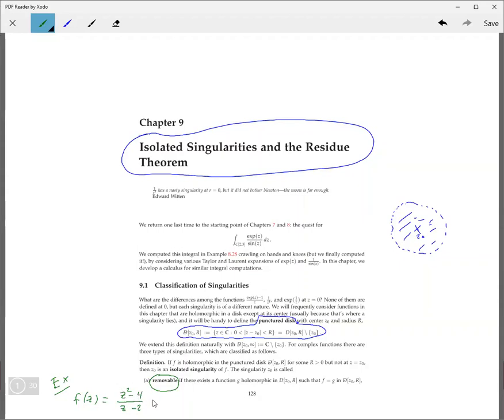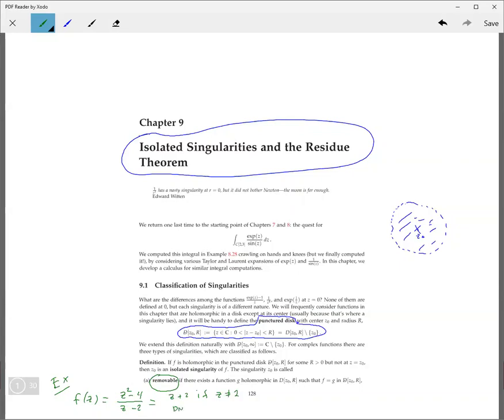However, the numerator can factor into Z minus 2 times Z plus 2, and then the Z minus 2's cancel, right? So really, if Z is not equal to 2, then this function is Z plus 2.